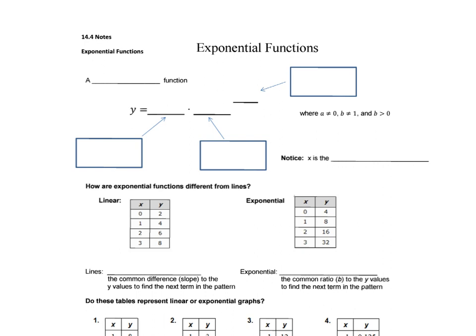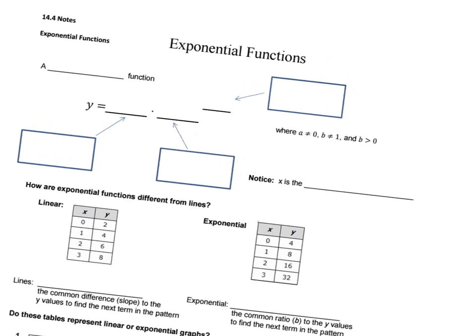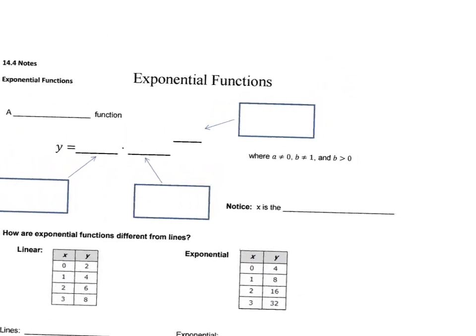We're finally talking about exponential functions. We kind of talked about it a little bit when we talked about geometric sequences. The geometric sequence formula, oh, by the way, I got a pen, so we'll have to see if y'all can read my handwriting a little bit better.